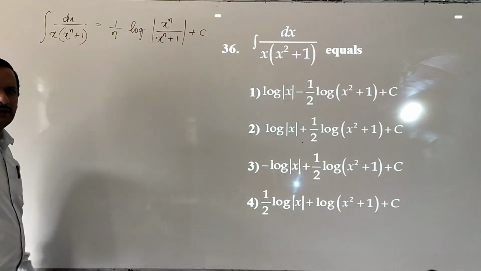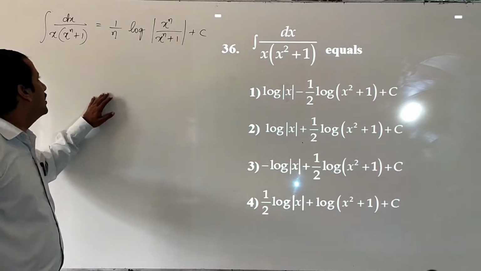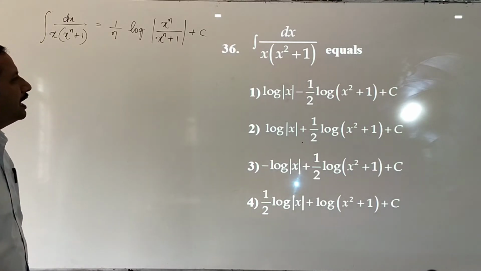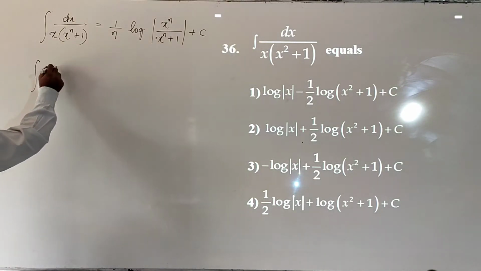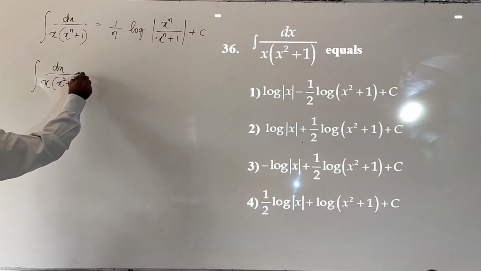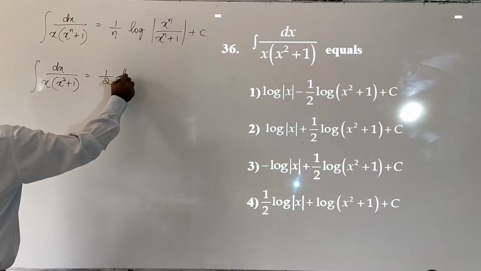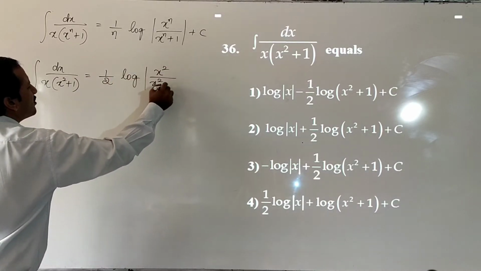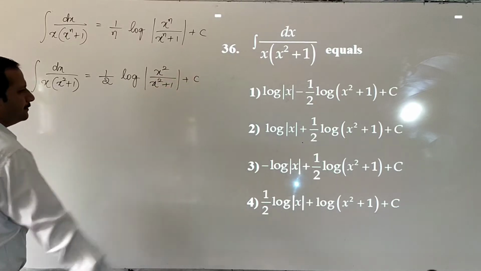Remember this formula. I think most of you know this formula. So if we use this formula, here in place of n we have 2. So integral of dx by x into x square plus 1 is equal to 1 by 2 log mod x square by x square plus 1 plus c.